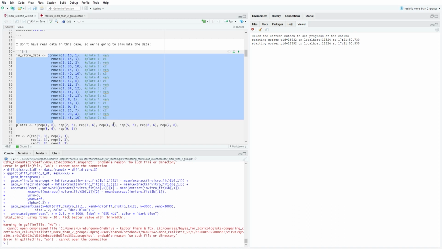So again, ratios are not your friend here. You cannot simply divide the chemical data divided by the vehicle data and call it good, because you're ignoring all of that uncertainty and you're turning things into purely fixed effects when they are random effects.